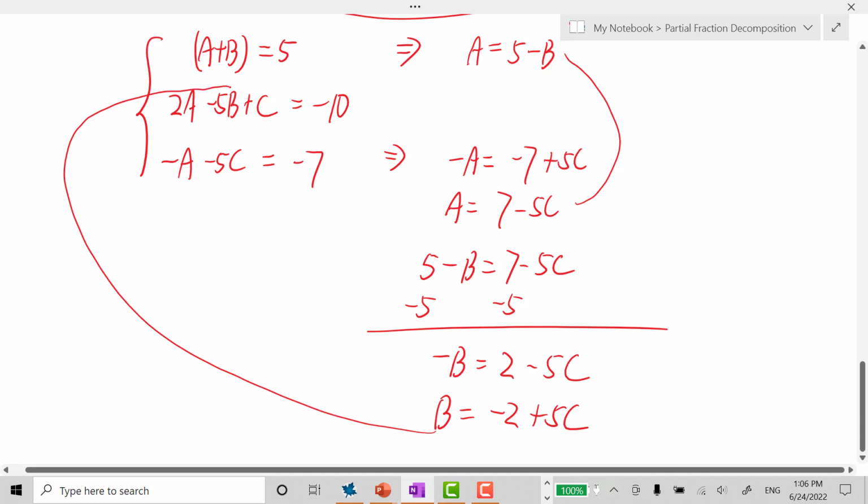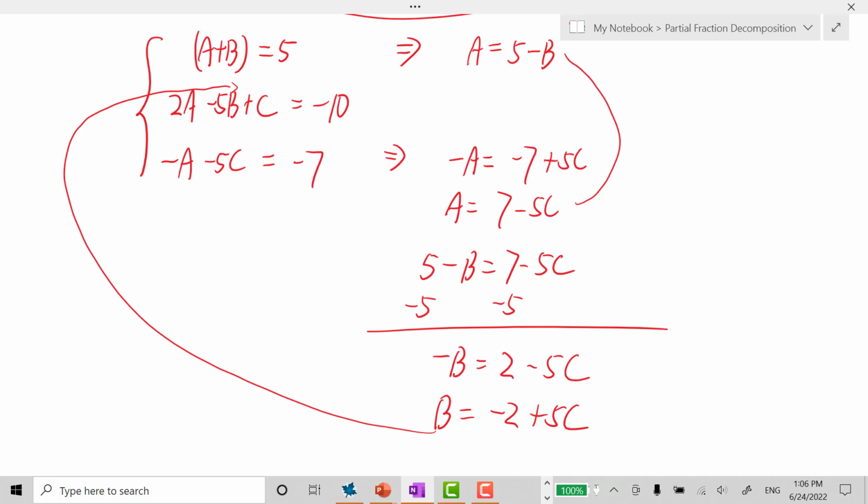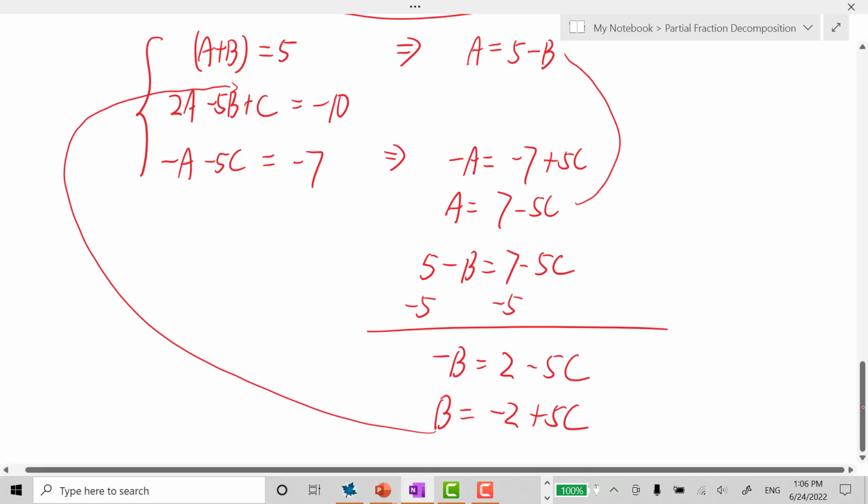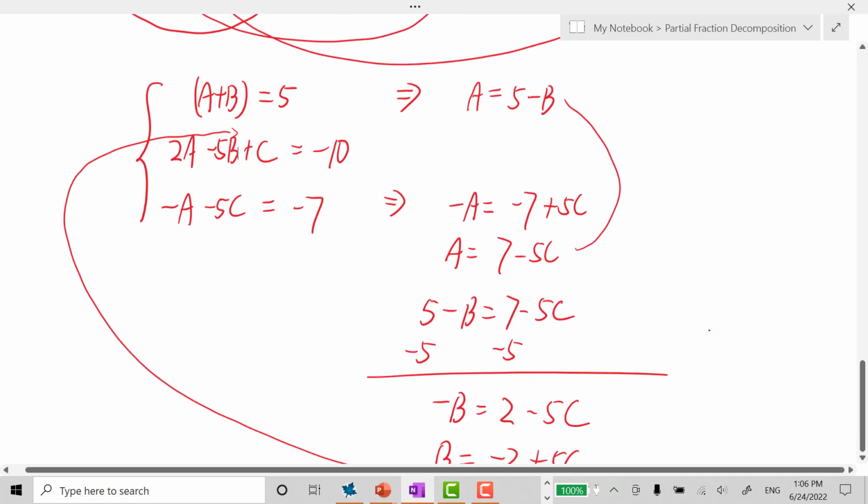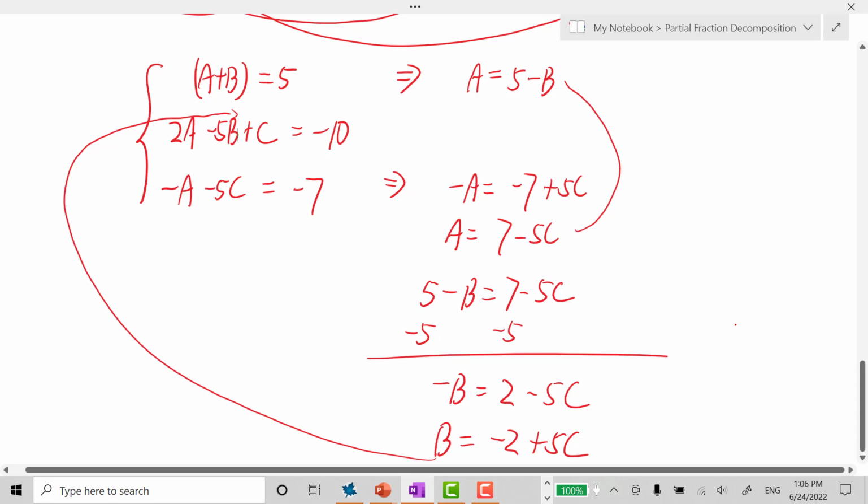So go here. Once we figure out one of the variables, the rest of them will be there. So this one goes in the second equation. And also we know that a is equal to 7 minus 5c. So now we change b to c. Right. Also we need to change a to c. So a goes in here.